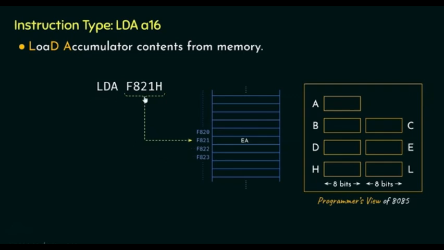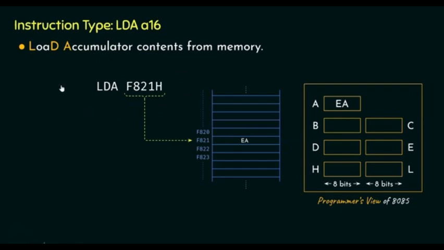And once this instruction is executed, the contents within the memory location will be loaded to the accumulator register. Interesting, isn't it? We didn't have to involve the HL register pair, and we did all the work using only a single instruction. And in doing so, we also saved the memory space for storing this.